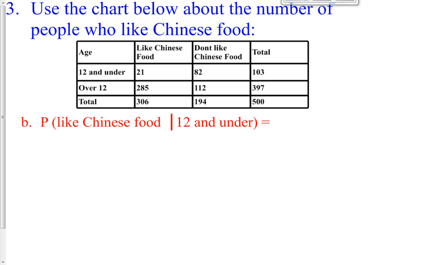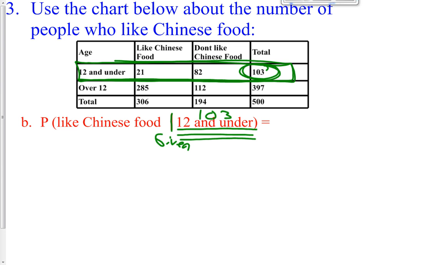For question 3B, now we get into our conditional probability. Whenever you see this line right here, it's a conditional probability. It means given. What is the probability that people like Chinese food given that they are 12 and under? So this part right here is our denominator. Given that they're 12 and under, how many people are 12 and under? There's 103 people that are 12 and under. So out of these 103, you're really only looking at this row right here.